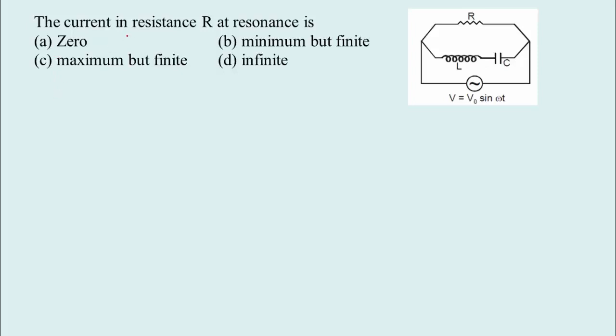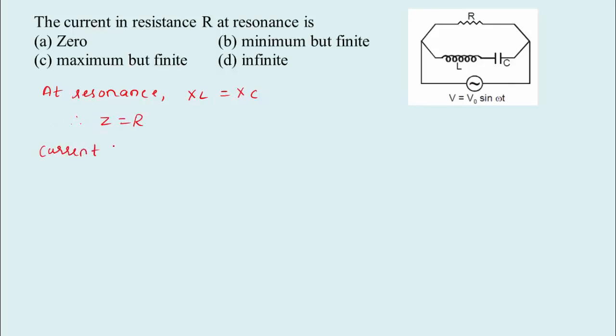In this question they asked what is the current in the resistance R at resonance. Remember, at resonance XL and XC both are equal. Therefore impedance becomes Z equal to R.